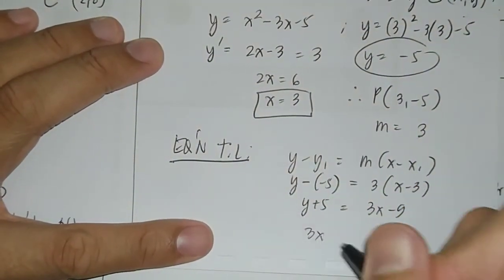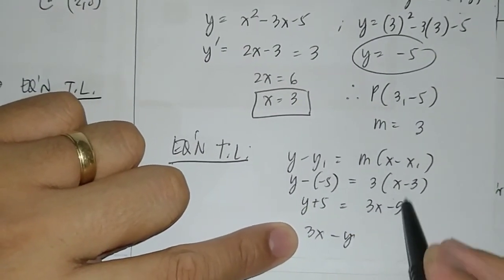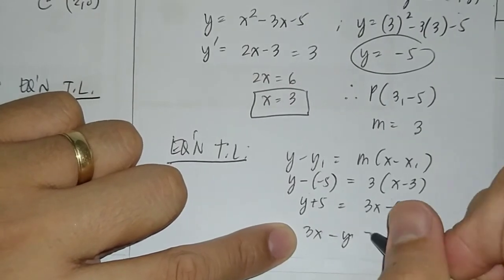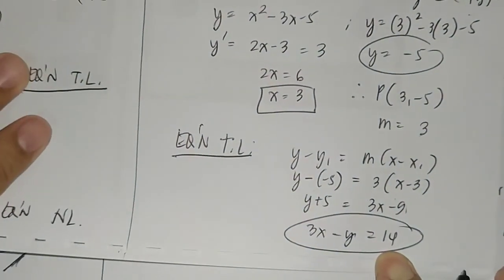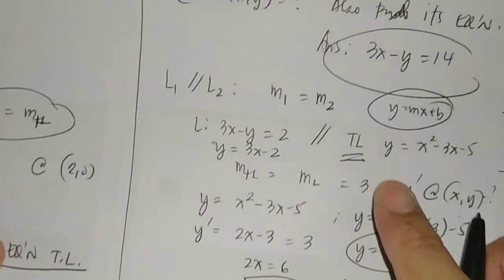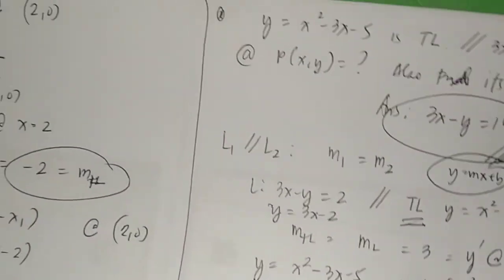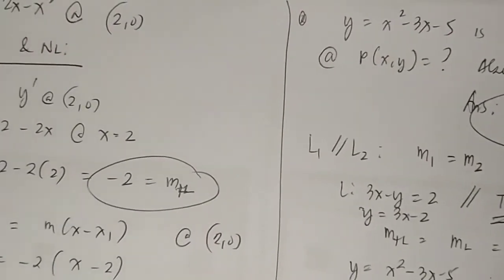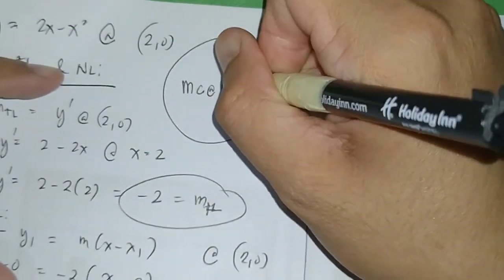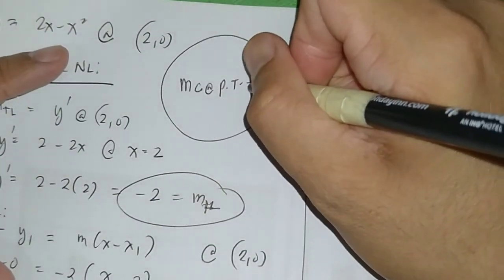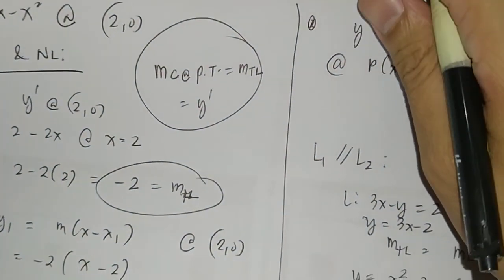Then, 3x minus y; the negative 9 transposed is 5 plus 9, which is equal to 14. So that must be the equation of the tangent line: 3x minus y is 14. So always remember that the slope of the curve at the point of tangency is equal to the slope of the tangent line, which is actually the first derivative.